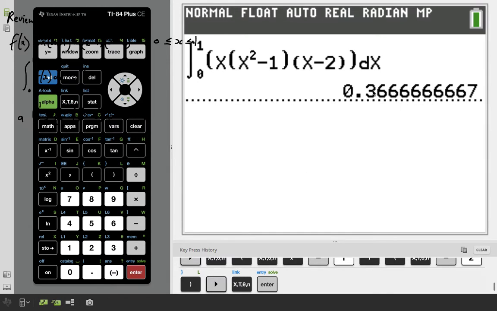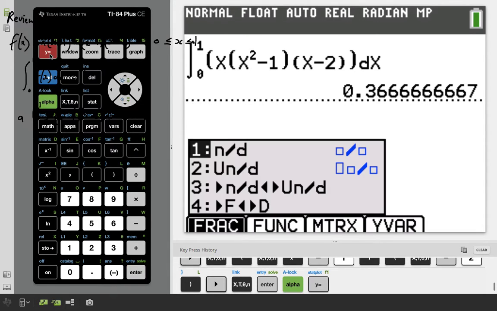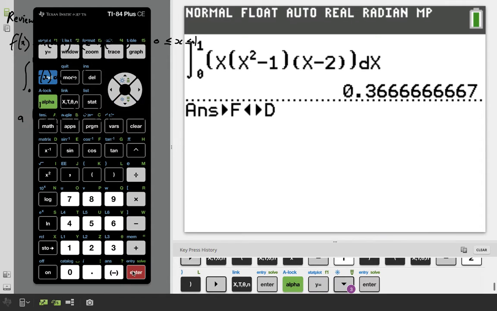Okay, so yeah, I think that's 11 on 30. I can go alpha f1 and do fraction to decimal here. And there's my 11 on 30.